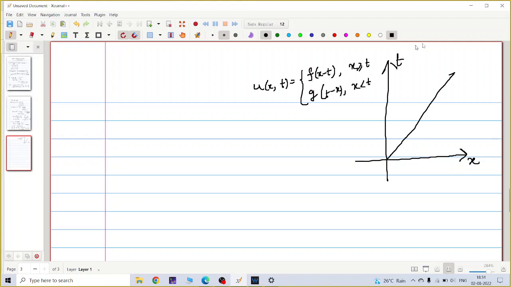So f and g are C1, it is given. So here it is f and here it is g. You know that in this region f is differentiable, and in this region g is differentiable.